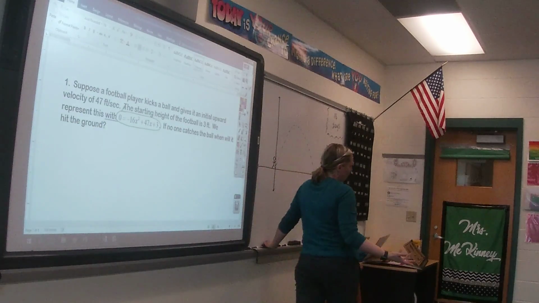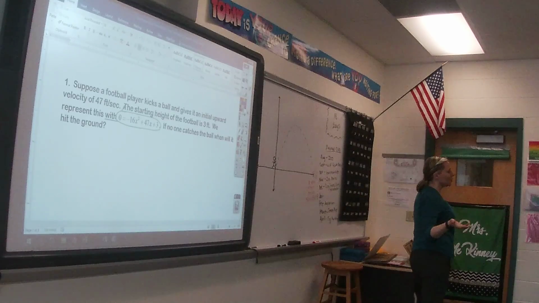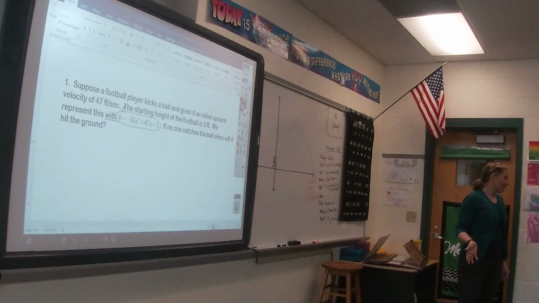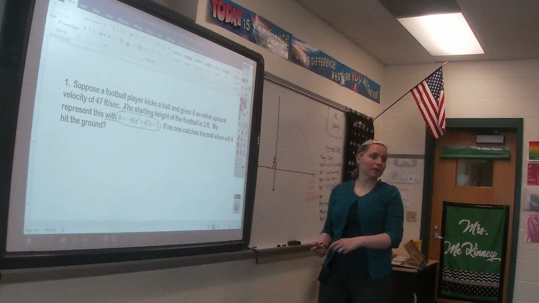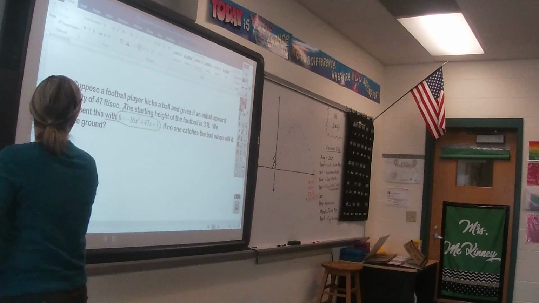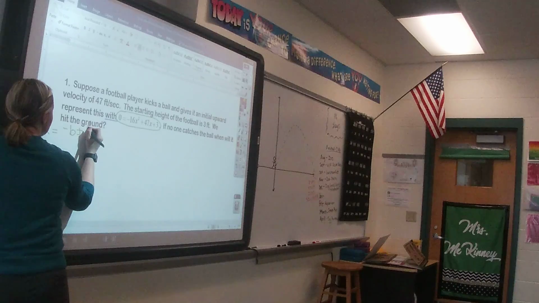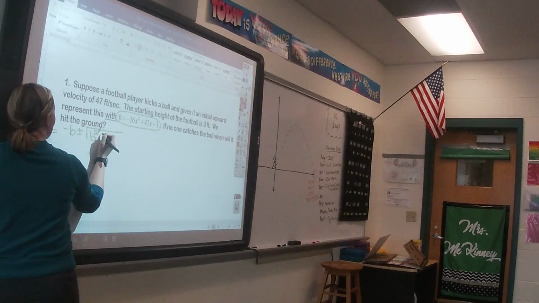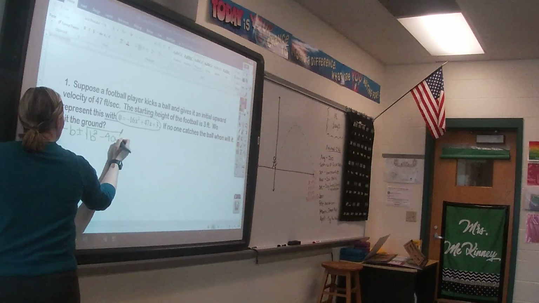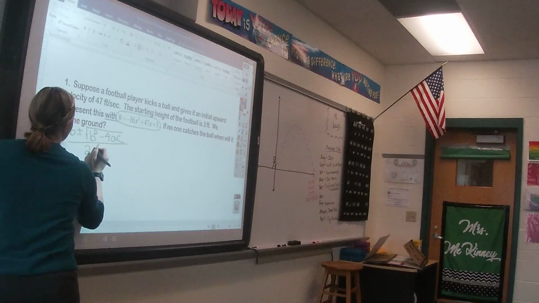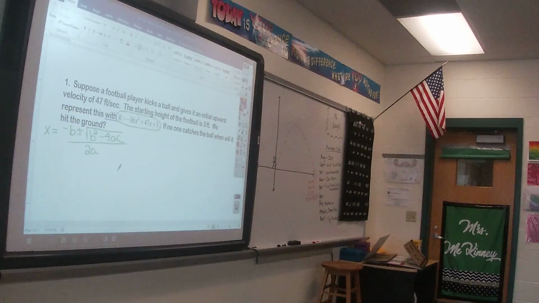Now, I think for this problem, we're going to want to choose the quadratic formula. Okay, so the quadratic formula returns, which says x equals negative b plus or minus the square root of b squared minus 4ac all over 2a.